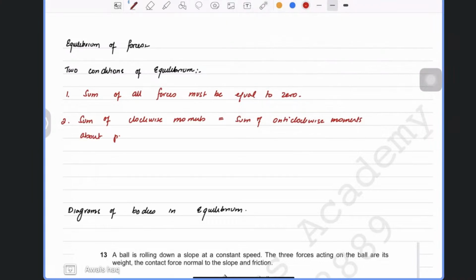So this is also known as the principle of moments. You can remember that. And the first one basically means that all upward forces must be equal to the downward forces. That's what it means.